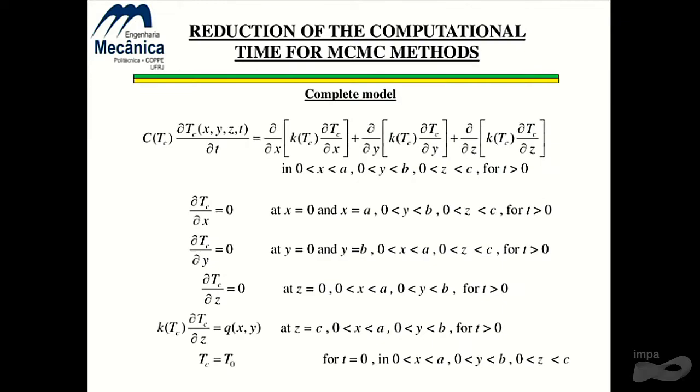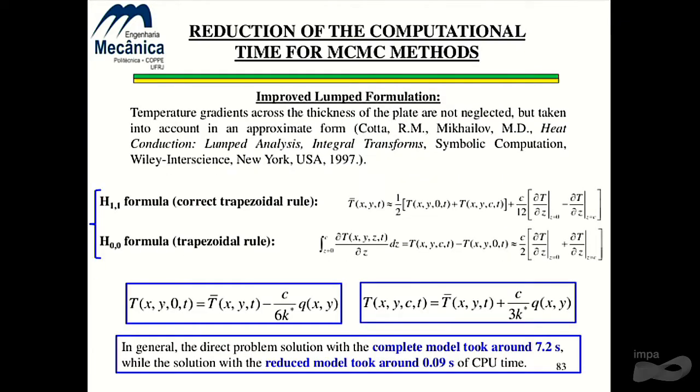And then we have this improved lumped formulation, which was developed by Renato Cotta and Mihail Mihailovich in their book, where we do not fully neglect the gradients, but we take them into account in an approximate form.